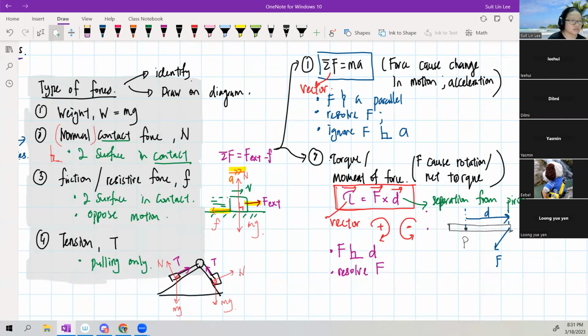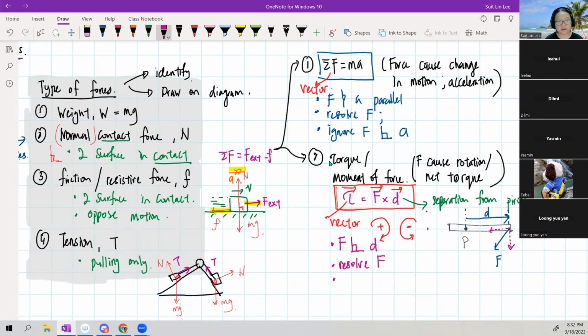So resolving vectors is basically a very important tool in physics. Whenever something is not in the direction that we want, we just split it into two so that we have one component that is parallel, the other component that is perpendicular.